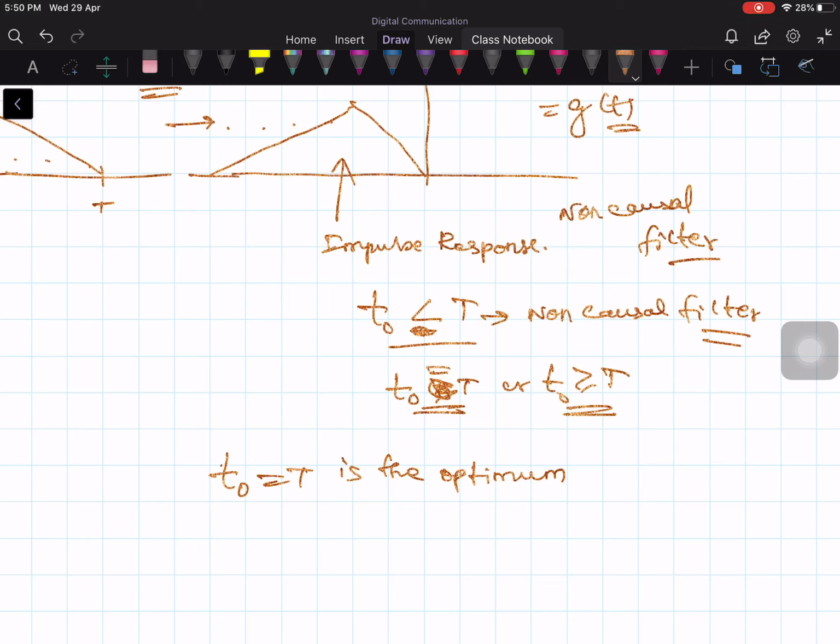Once the pulse duration is over, you can take the decision comfortably. So there are two advantages. One is that the filter is causal if you wait up to T seconds, and the second is that you can take a wise decision, since you are looking at the pulse completely, for the duration 0 to T. Therefore it is the optimum value in a digital communication environment.